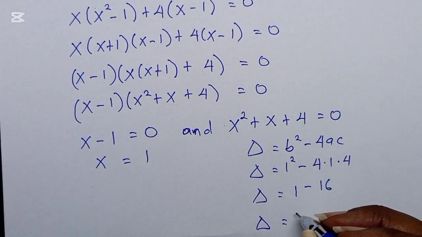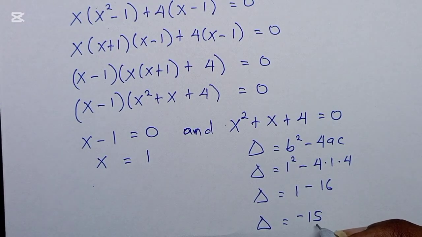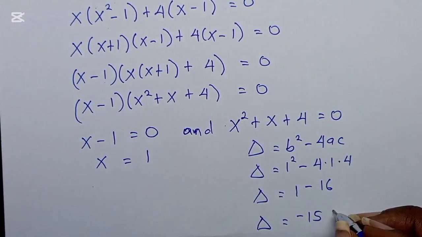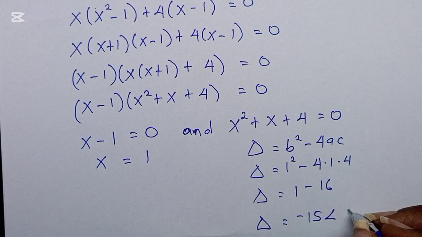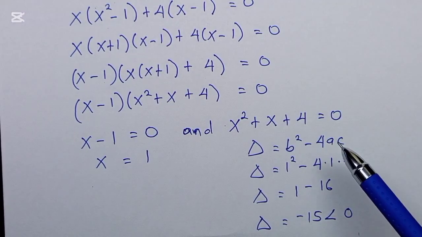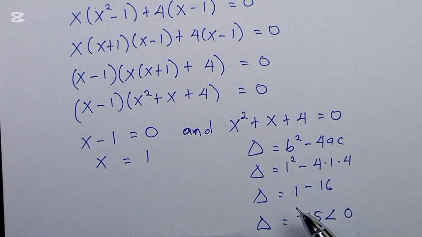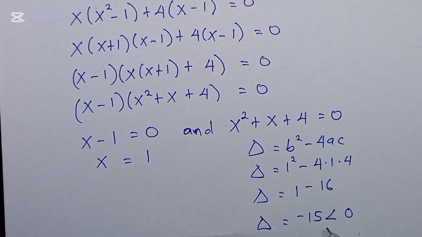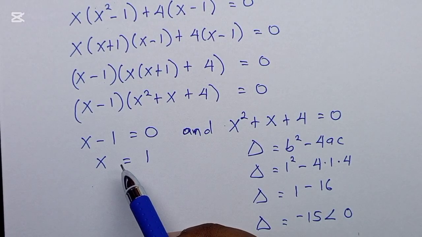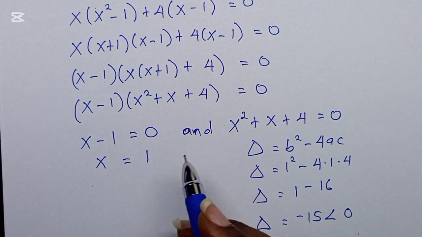Therefore, this gives us 1 minus 16 is negative 15, which is less than 0. So this implies that this quadratic equation has no real solution since it's less than 0. So the only real solution is this one here, x is equal to 1.